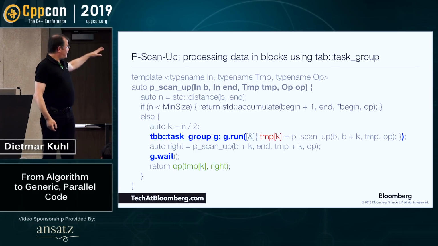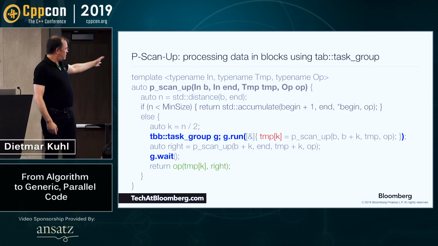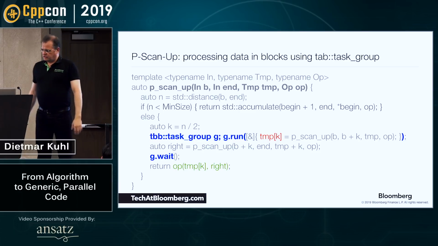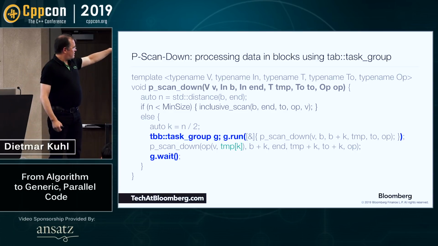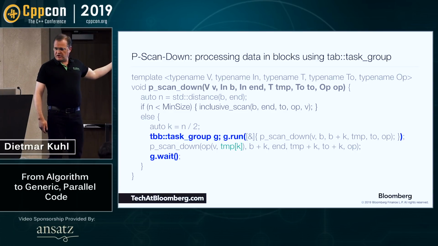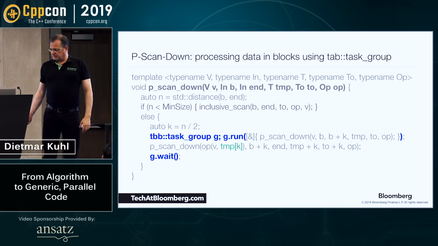We actually didn't make a massive change in the structure. Instead of using async and the future, I use a task group and the wait. Not dramatic. And the same over here. I just use the task group again, run a job, and the job is just the same as before. And then I just wait on the aggregation of these things. And hopefully this makes things better.